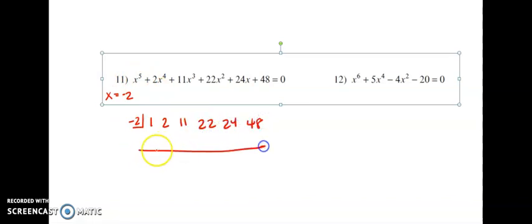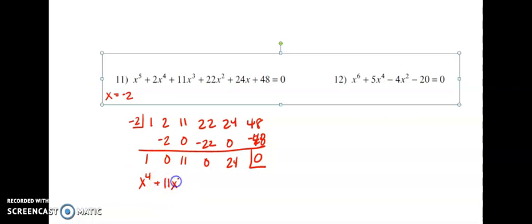When I synthetically divide into it, I get 1, -2, 0, 0, 11, -22, 0, 0, 24, -48, and 0. And this becomes x to the fourth plus no x to the third, plus 11x squared, no x's, plus 24 equals 0.